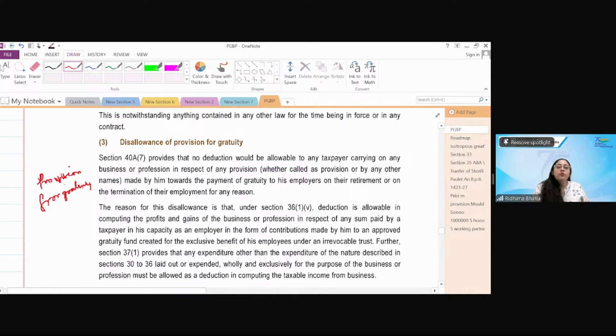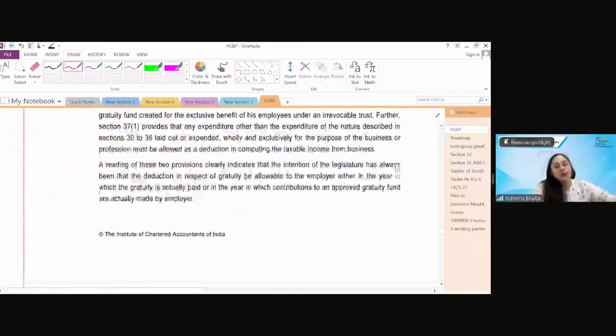But if I'm just creating a provision, friends, that is disallowed under section 40A subsection 7. So gratuity payment allowed under section 36 1 clause 5, but gratuity provision is disallowed. Either money should be diverted to an approved gratuity fund or it should be actually paid. Otherwise, it would be disallowed.